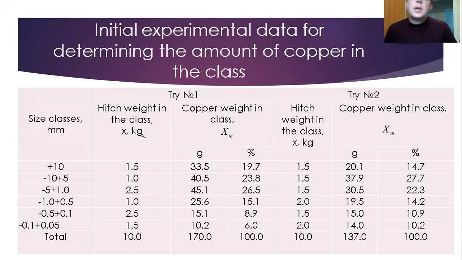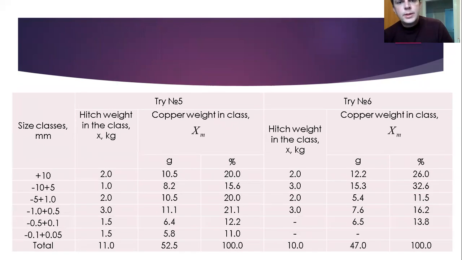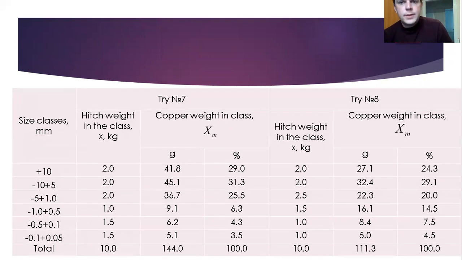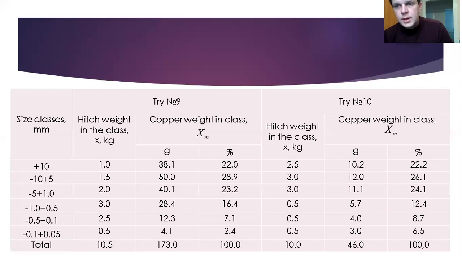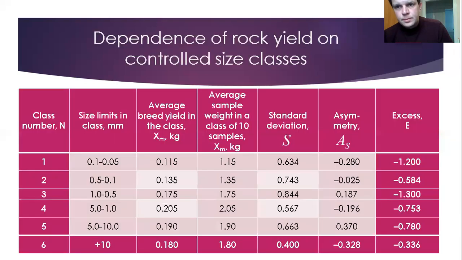In this table, you can see try 1, try 2, try 3, 4, 5, 6, and for every try you have results for the mass and the percent of contained copper. In the next slide, you can see the dependence of rock yield in the controlled size classes.